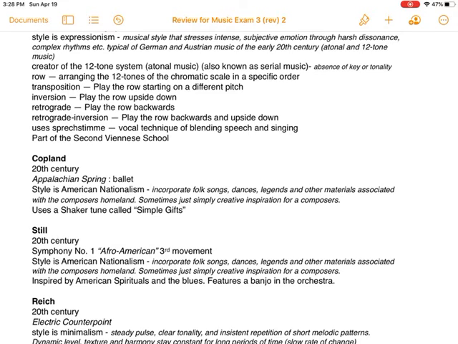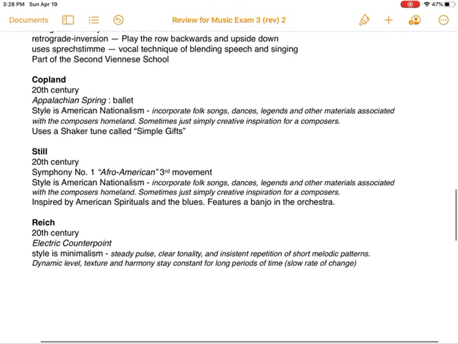All the music surrounding it that we didn't hear in this approximately total 1 hour of music might have some other folk tunes or plenty of original music written by Copland in this folksy style.